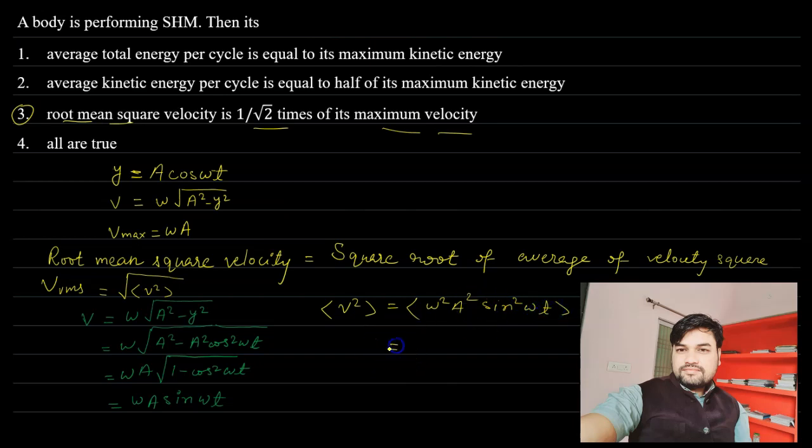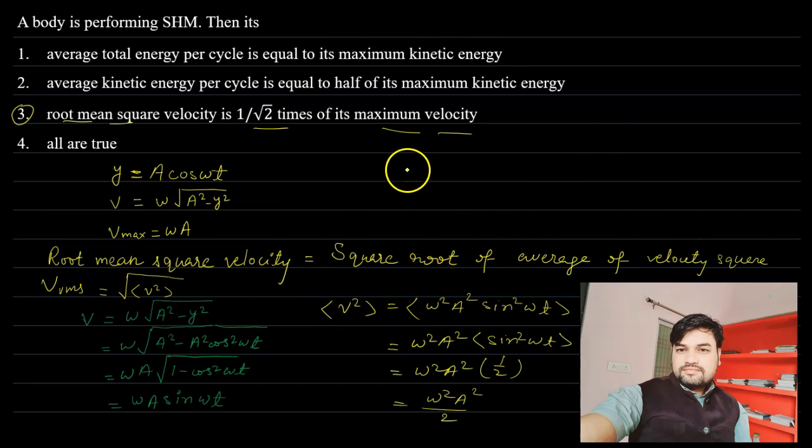So the average is omega square a square times the average of sin square omega t. The average of sin square omega t is 1 by 2. So omega square a square by 2 is the average of velocity square.